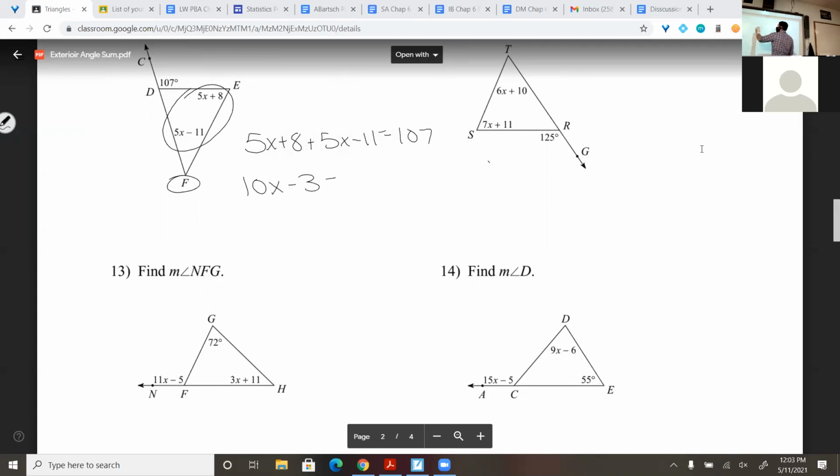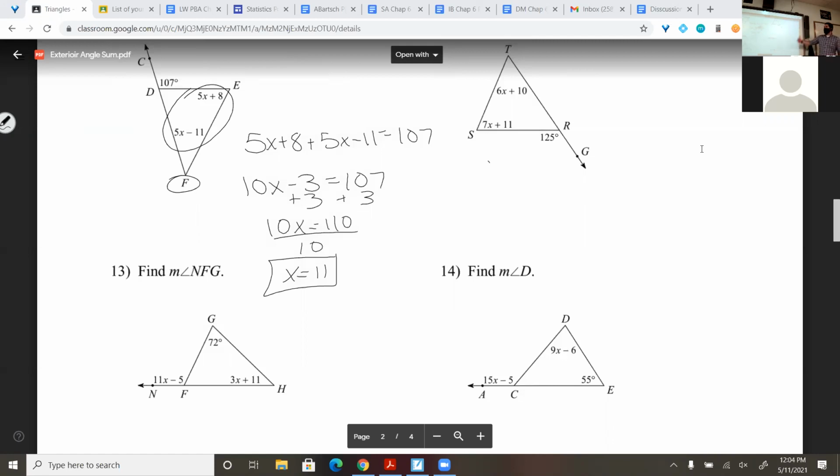10x minus 3 equals 107. Add 3, 10x would equal 110. Divide by 10, x is 11. Now that's where we stopped in the previous problems.